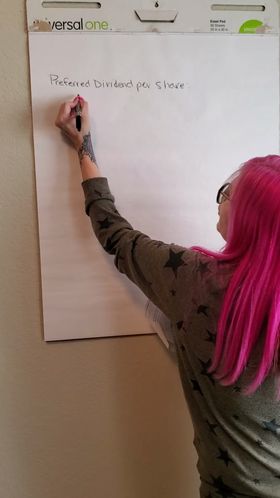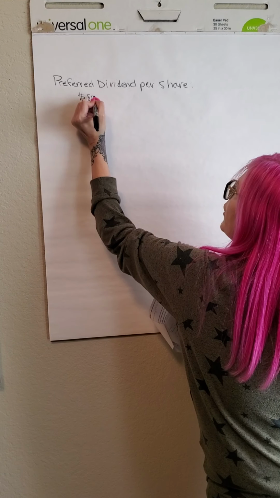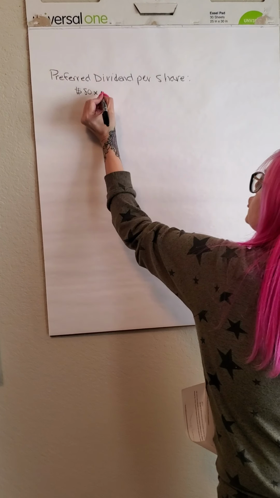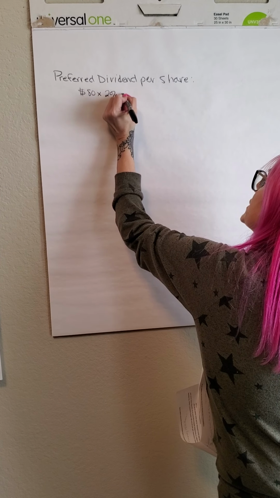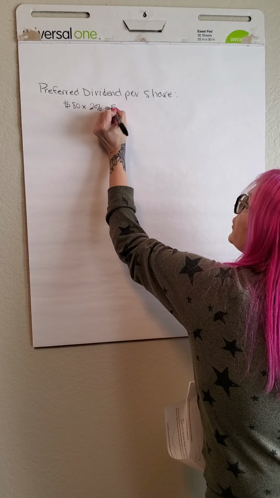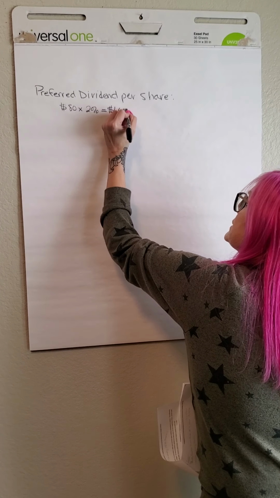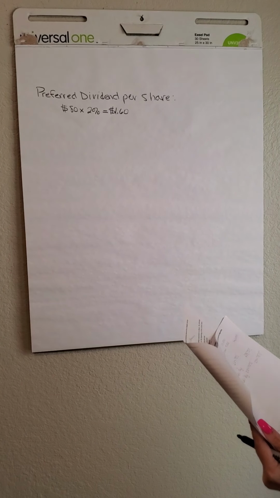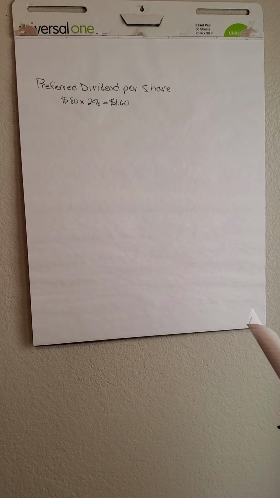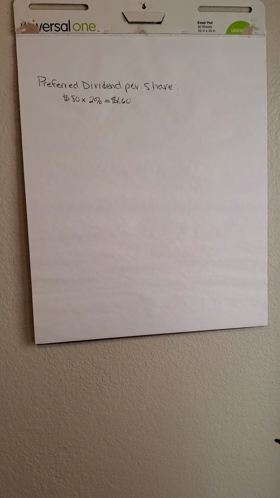We're going to multiply it by the percent that they've given us, which is 2%, and that's going to give us a dividend per share of preferred stock of $1.60. So we can calculate out the amount of the preferred dividend if we take the total shares outstanding.